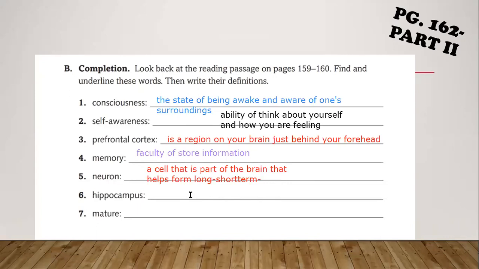Number 6. Who has number 6? Oh, I'm sorry. That was the other one. This one was the other one. Yes. Sorry. Number 6 is this one that I just wrote here. It's the part of the brain.